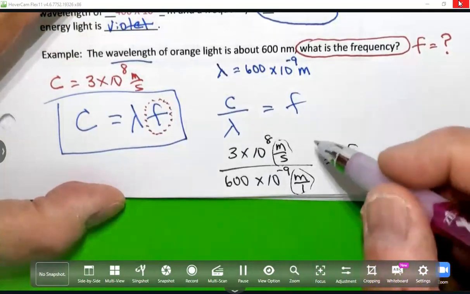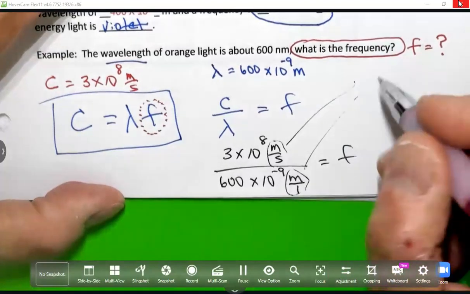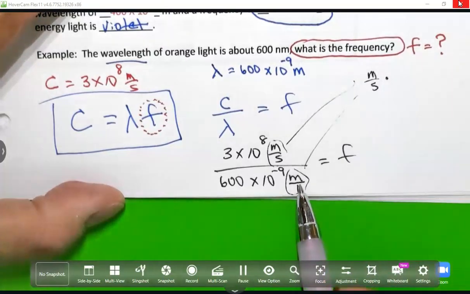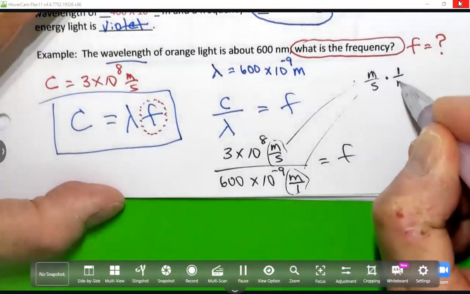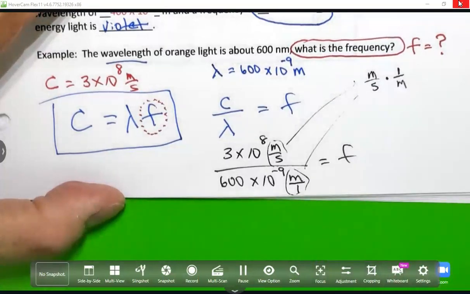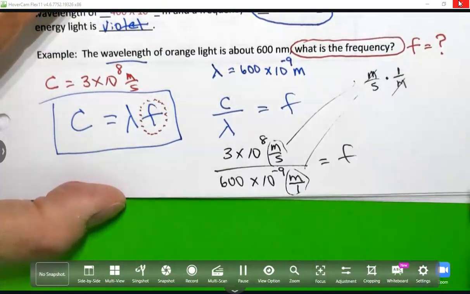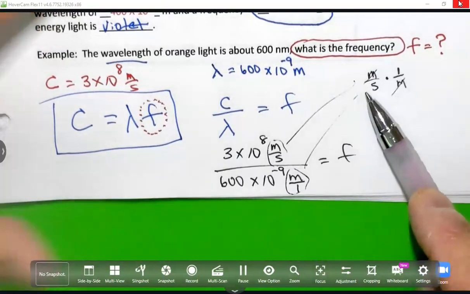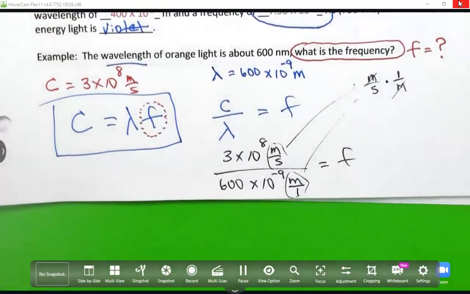So if I do that to my units up here, I would have meters per second times this flipped, 1 over meters, correct? And my meters and meters cancel out. What are my units for this? 1 over seconds. What is 1 over seconds? Hertz, or frequency, correct?